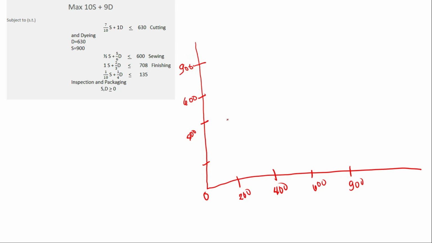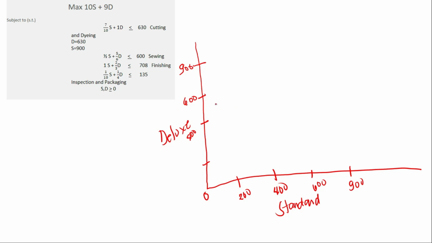For the deluxe bags, we put it on the y-axis, and for the standard, the x-axis. So let's graph.